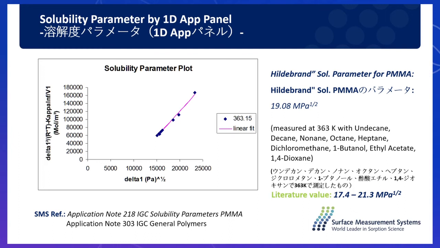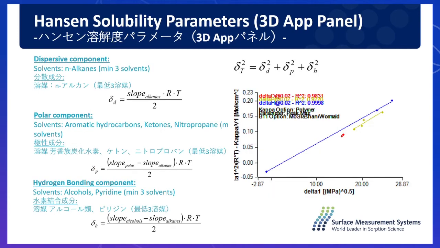What we measured is 19.08 megapascal square root. And it was measured at 363 Kelvin using different organic solvents. And the measured solubility parameters matched with the literature values, what we found.